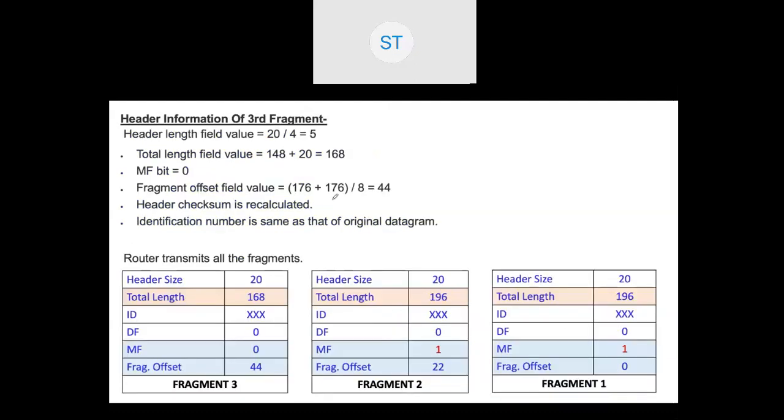Okay, for the third, total length is 168, offset is 44, MF is 0 because it is the last fragment. So see the tables, so that you can understand it very easily.